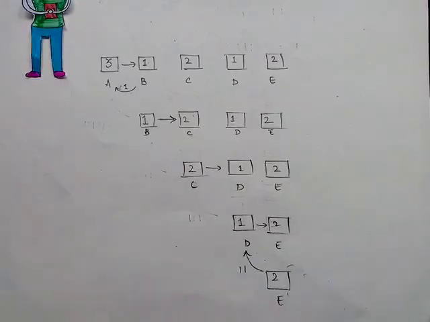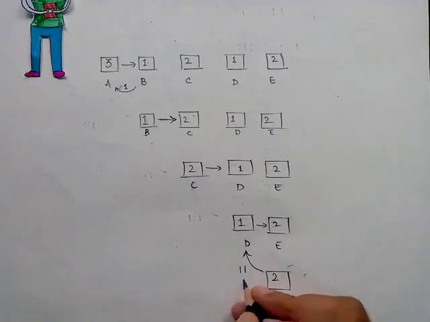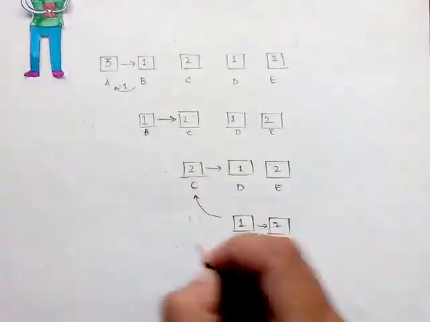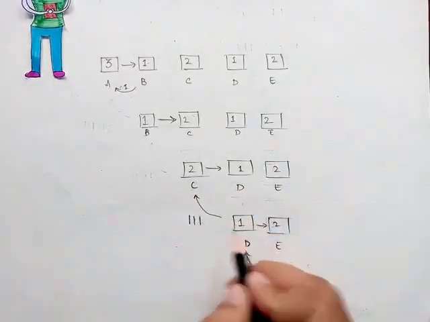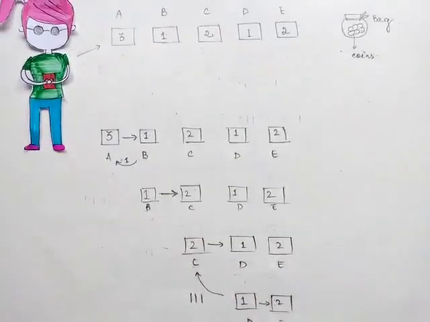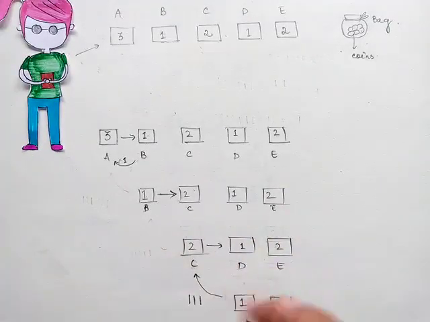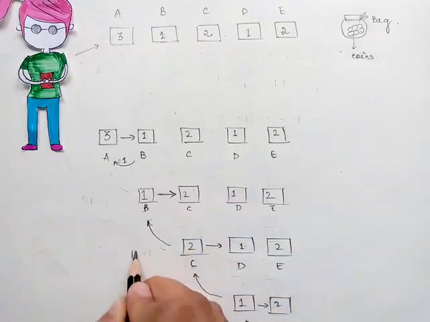Person D observes this. Person D says, hey, the number of coins with the rest of the team is just 2, and now I have 1 coin. So both of us together have 3 coins, 2 and 3. Then person C says the number of coins with the rest of the people is 3 and I have 2 coins. So with C, D, E, we have 1, 2, 3, 4, 5 coins.